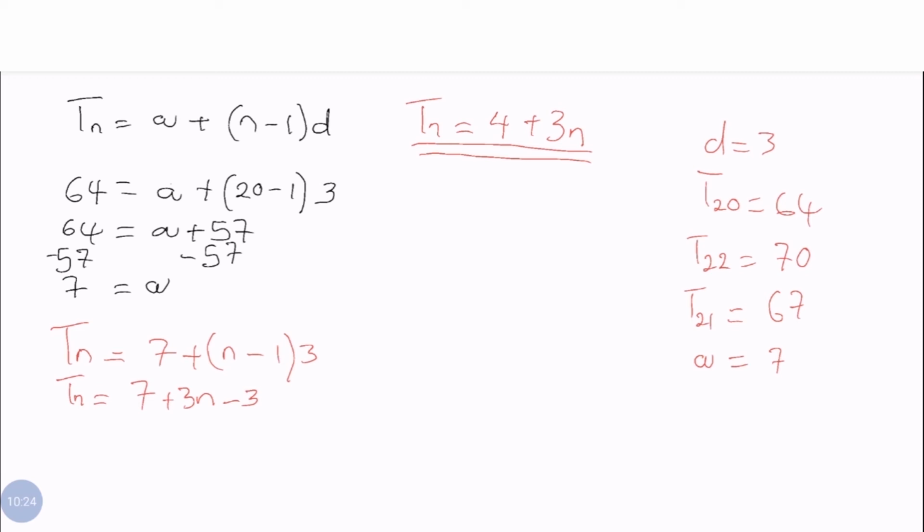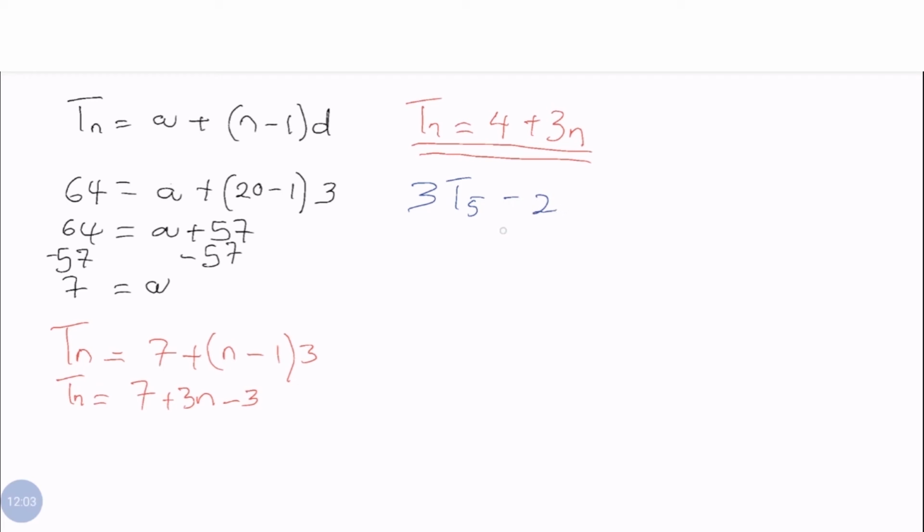So now that we have the equation of the pattern, we can determine 3T5 minus 2. 3 multiplied by T5. How do we get T5? T5 is determined by 4 plus 3 multiplied by 5, because it is T5.